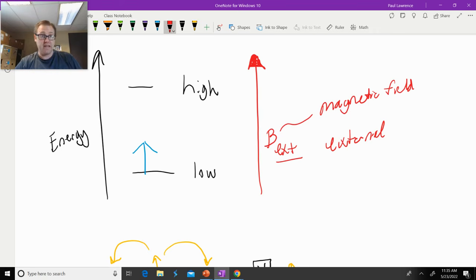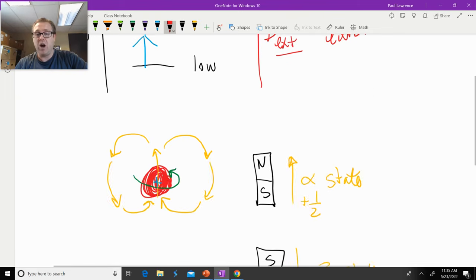So what we have is an external magnetic field generated from the magnet on the NMR instrument, and then our nucleus has an internal magnetic field generated from the proton itself.